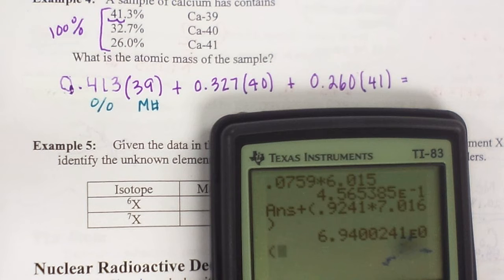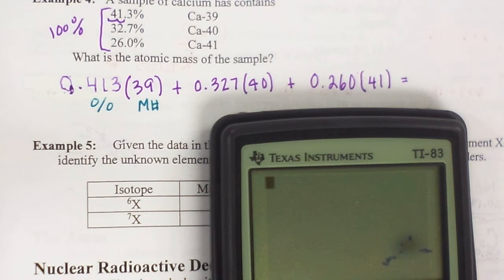I'm going to say, opening parentheses, 0.413 times 39, close parentheses, plus open parentheses 0.327 times 40, close parentheses, plus open parentheses. Sorry, I meant to clear the whole thing.